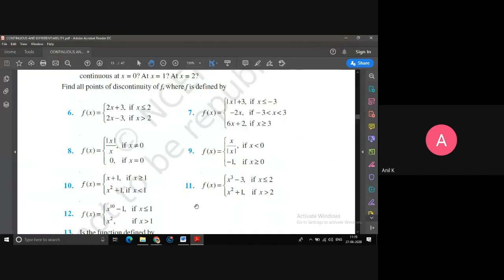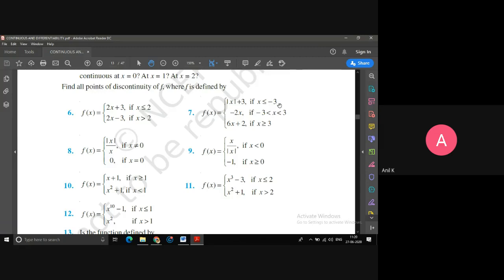Understood. Good. Now, seventh question. Here you have 3 steps. If x is less than or equal to minus 3, my function is going to be mod x plus 3. When x is greater than minus 3, the function is going to be minus 2x. And x is less than plus 3, the function is still minus 2x. And x is greater than 3, the function is going to be 6x plus 2.